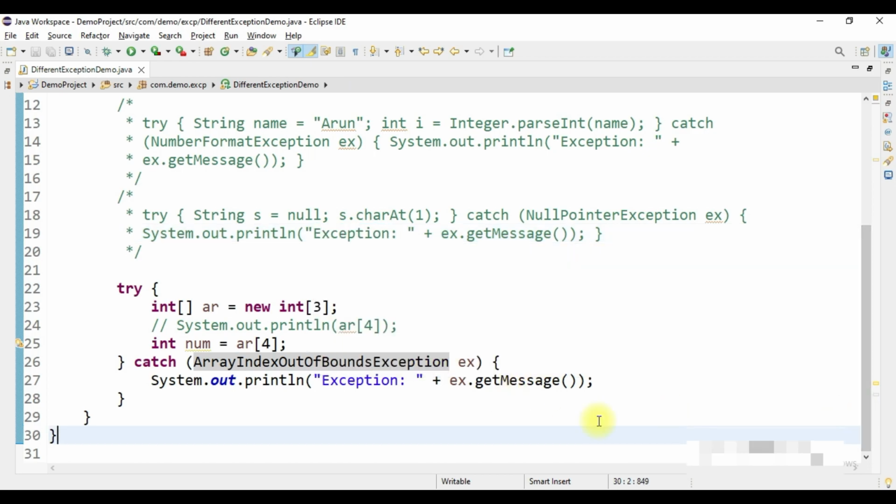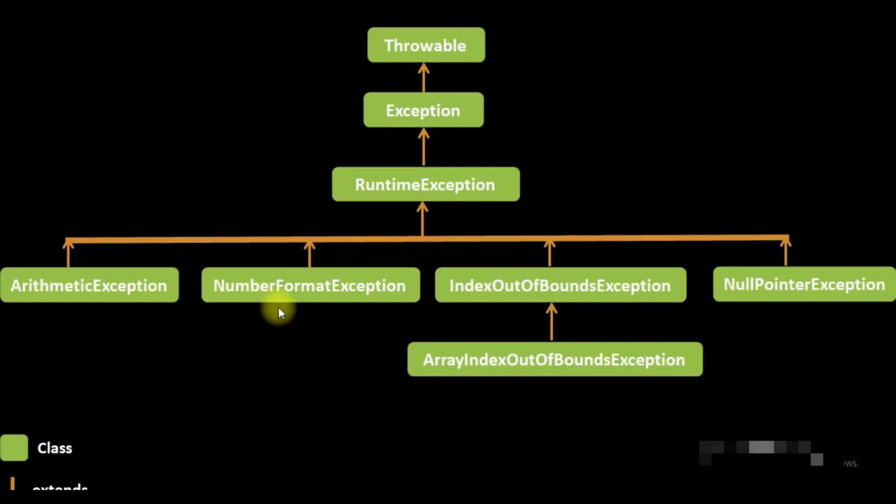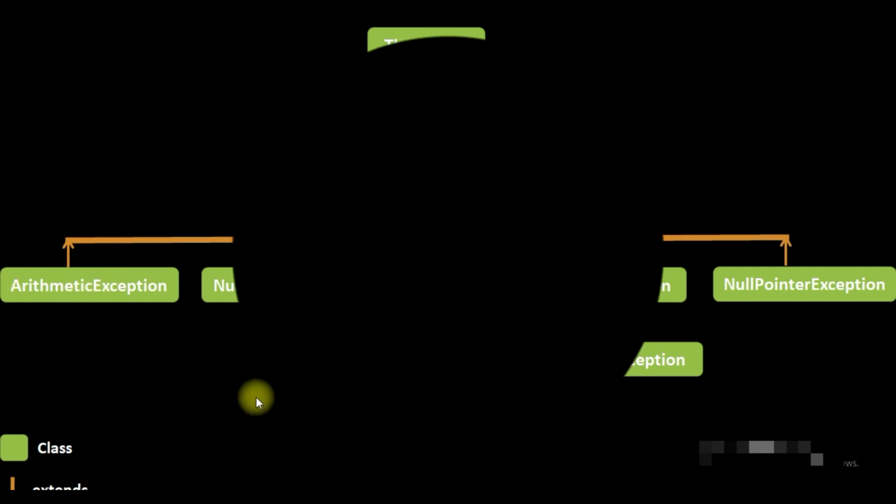So I hope you understand when to use ArithmeticException, when to use NumberFormatException, when to use ArrayIndexOutOfBoundsException, and when to use NullPointerException. And if you use the Exception class, the baseline class, you can also handle all these things. But the best practice, if you already know which type of exception can be caused from your business logic, is to use the concrete handling class.